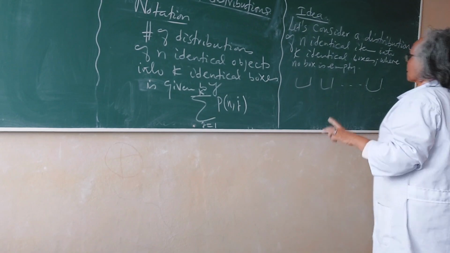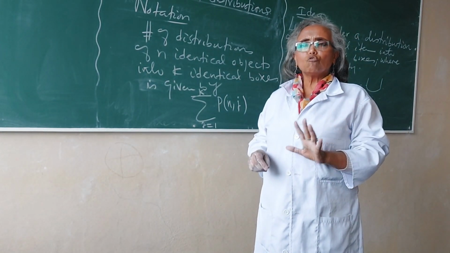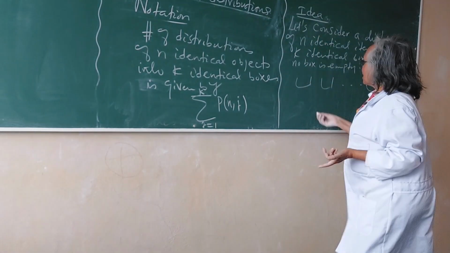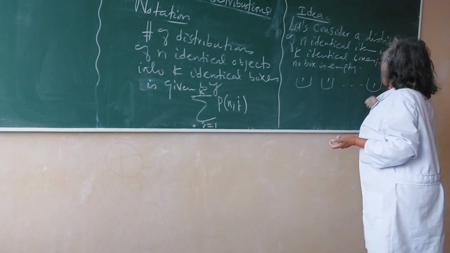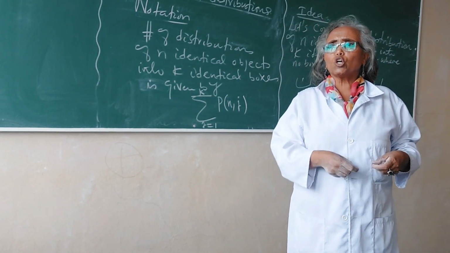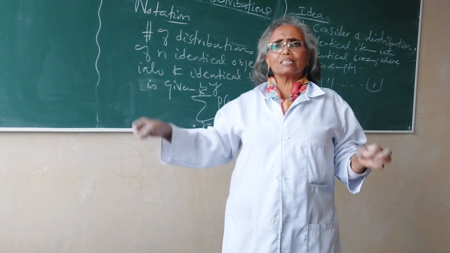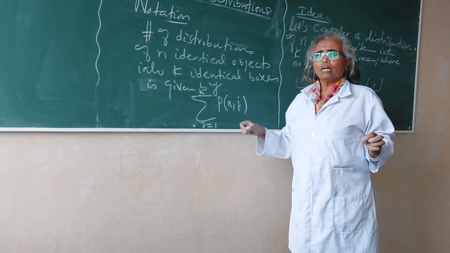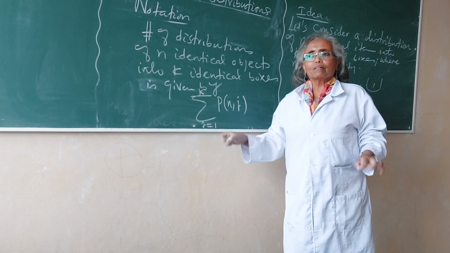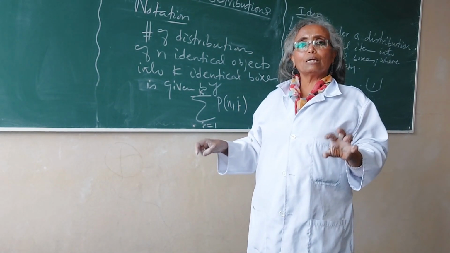Now you see, one way to guarantee that no box remains empty is to give each box a 1. One of the objects, they are identical objects. So just putting an item in each box guarantees the distribution not to leave a single box empty.